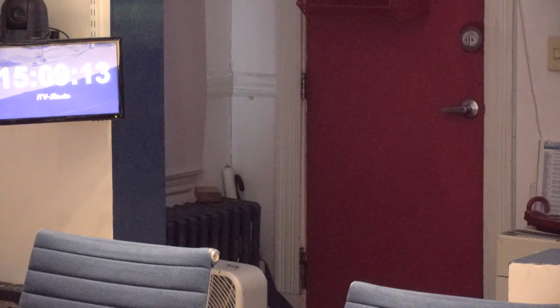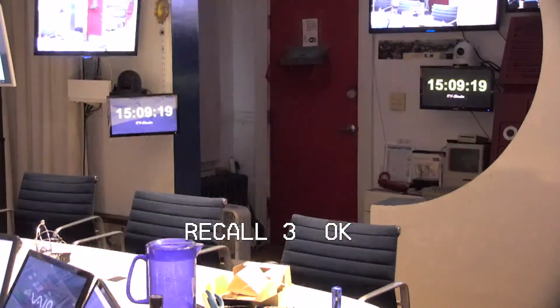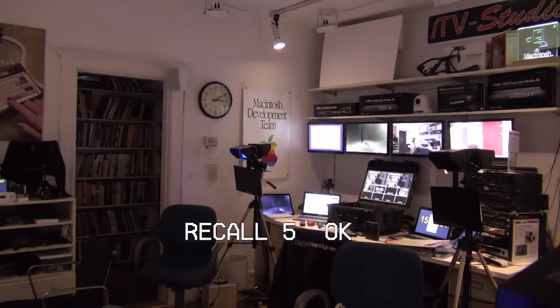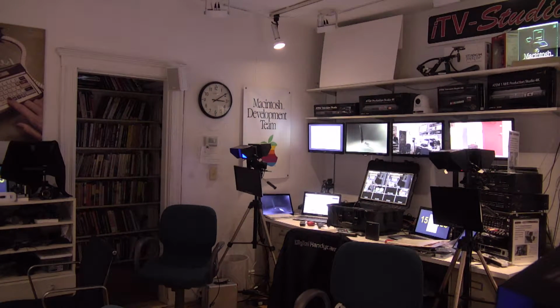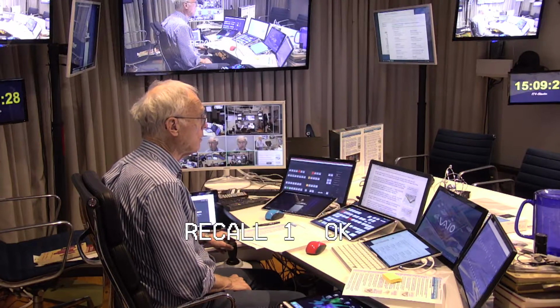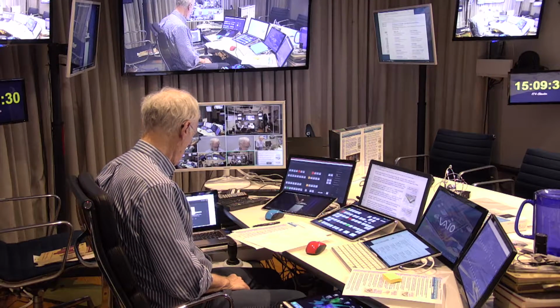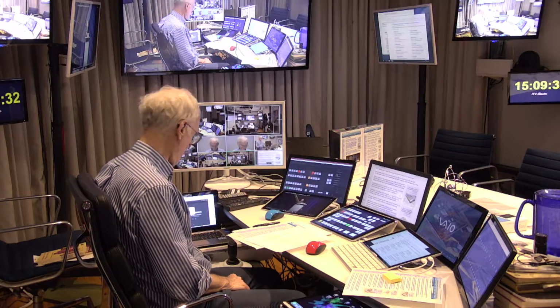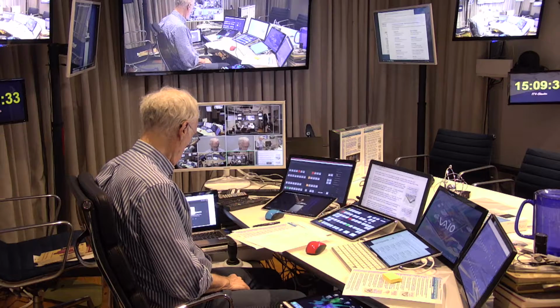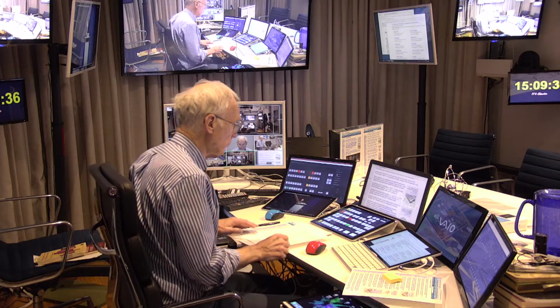Camera 5 over my right-hand shoulder, but camera 5 is set to, let's try 2, 3, 4, 5. Okay, none of those are really very good. Let's go to 1. Oh, that's amazing. That's good. That's what it should be. Apparently I didn't get them all set correctly at the beginning.